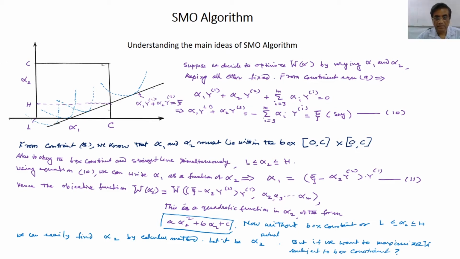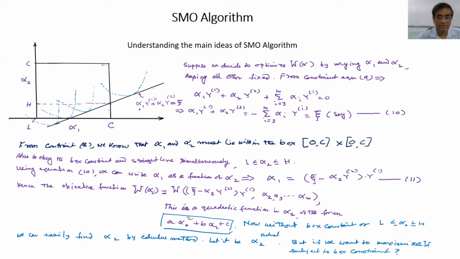We are trying to pictorially show how the algorithm will work. Say this is alpha 1, this is alpha 2, this is my box constraint 0 to C, 0 to C. From here to here it is C, a square box. And this is my constraint.